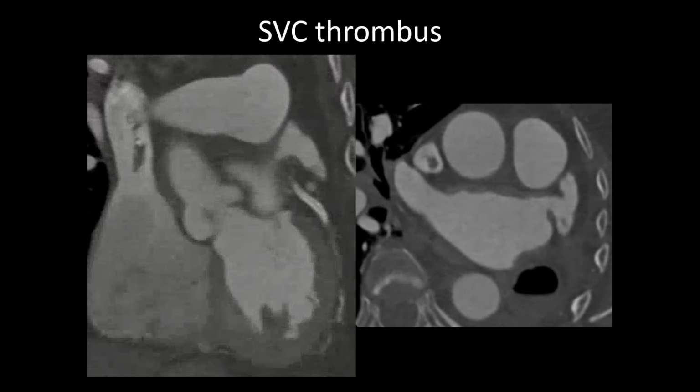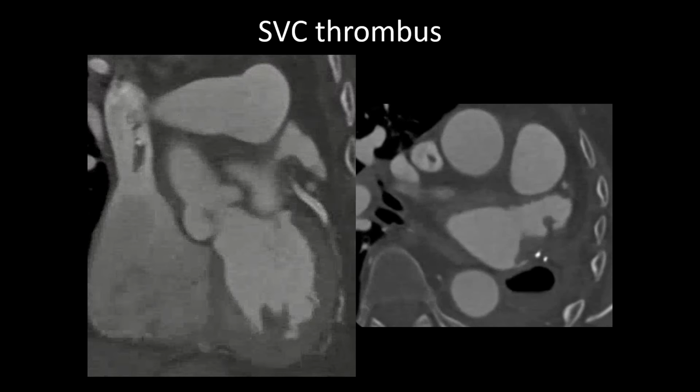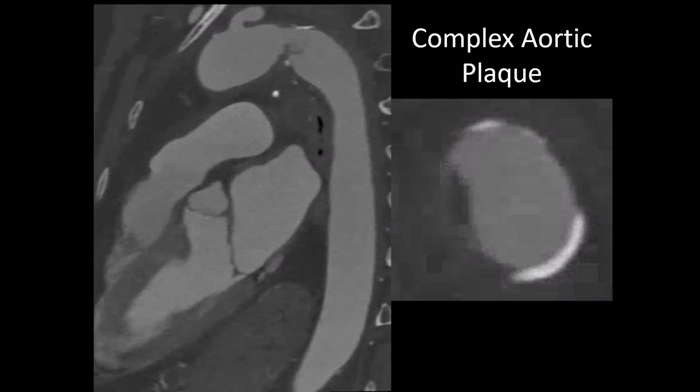As you can see here, here's her plaque and her thrombus, and this is the left subclavian. Then you've got the carotid, and then the brachiocephalic. So it's beyond that. If she were to have an event, it would probably be a distal event, either in the gut or in the lower extremities. But definitely, if she has an event, that would be an indication for some sort of interventional procedure.